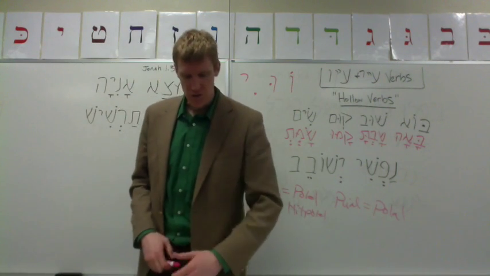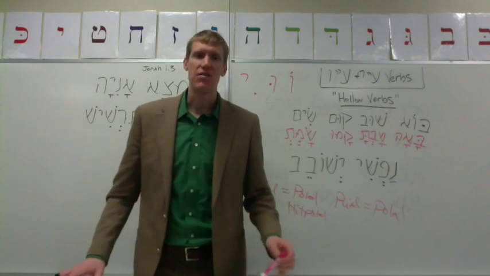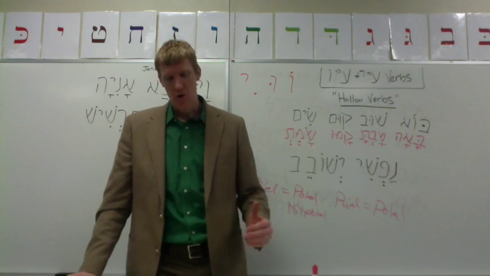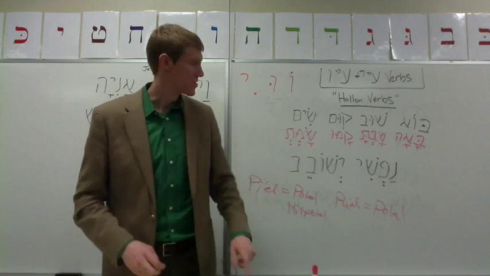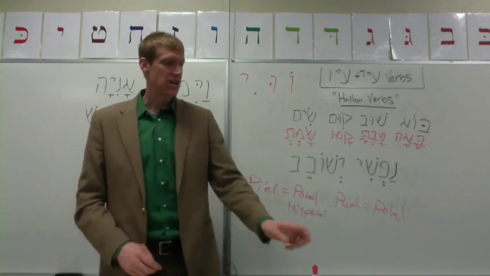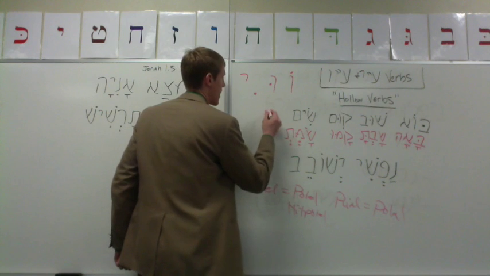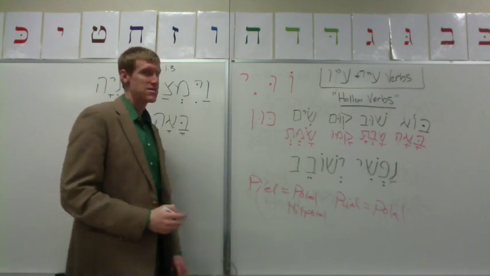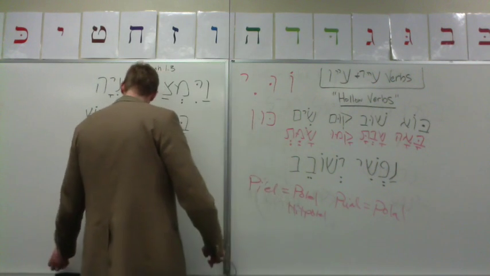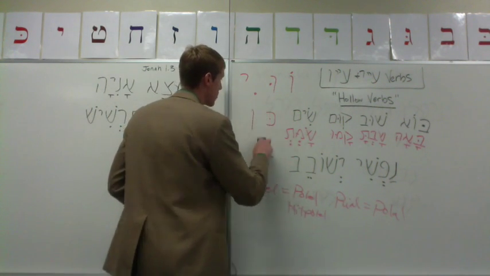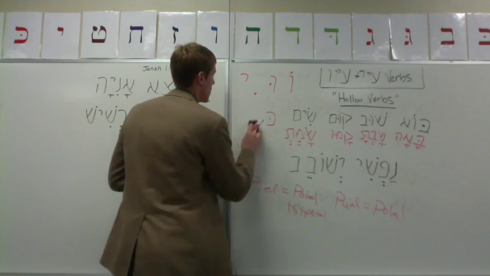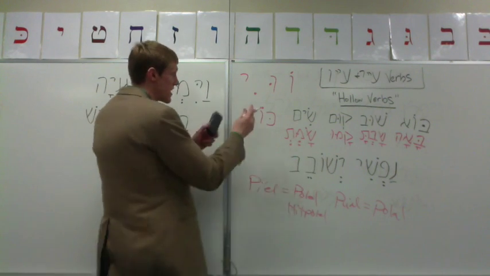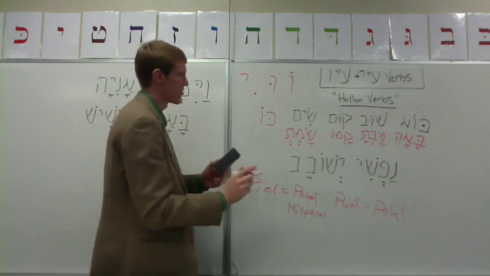If you go to page 169, the example they gave you is kun, to establish or set up. So kun in the PL, which is actually the polel, you take the root, kaf, shurik vav, nun, and take this shurik vav out and double the final letter, so that becomes a holam vav, but it's not part of the root, it's just part of the vocal pattern.